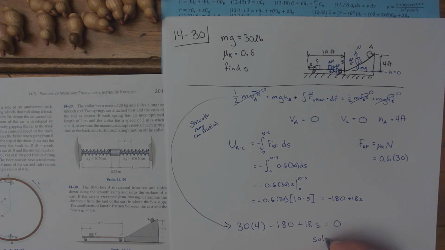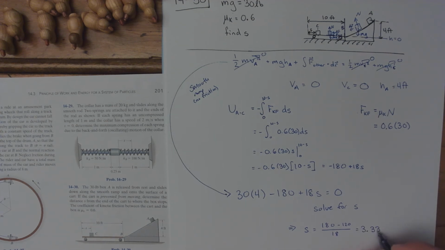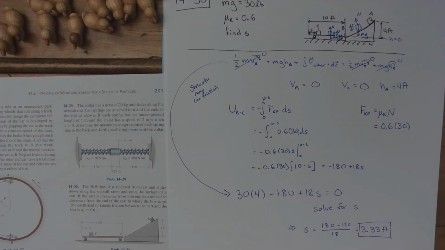And then I solve for s, and I get s is equal to positive 180 minus 30 times 4, which is 120, divided by 18, and if I did everything correctly, that should give us 3.33 feet. So that checks out, and that concludes problem 30.